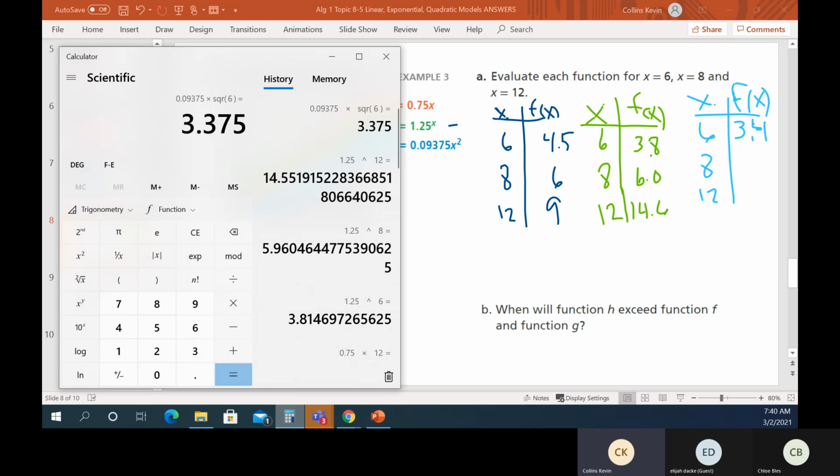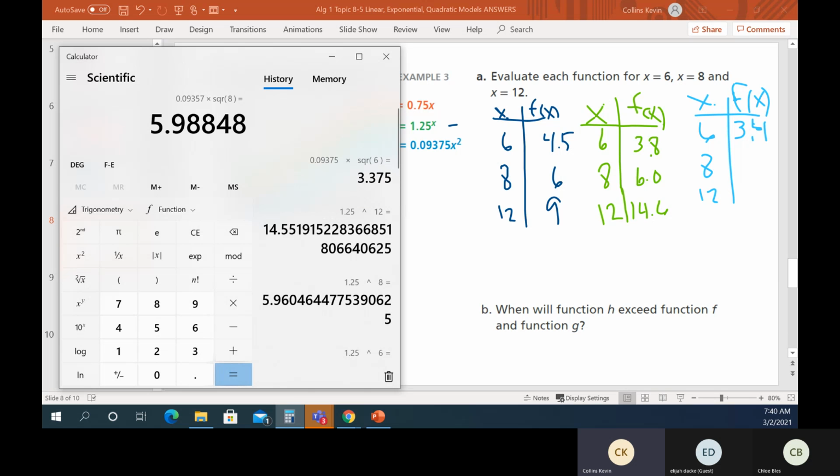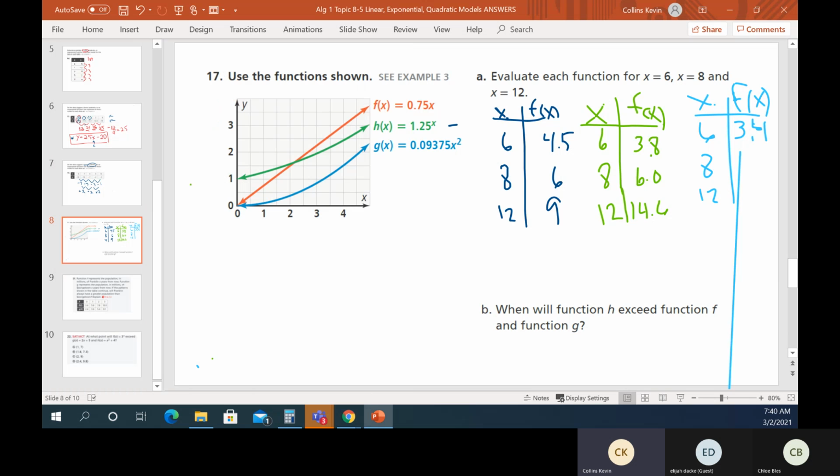Okay. So let's do it again. Pull this one out. So we got 0.09375 times, this time it's going to be 8 squared. So that's about 6. So that's about where these two guys cross. I'll look at the graph here.